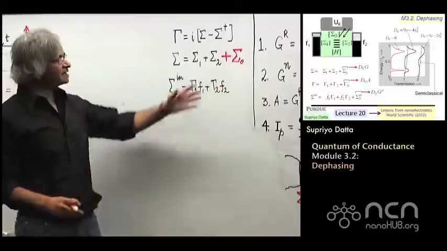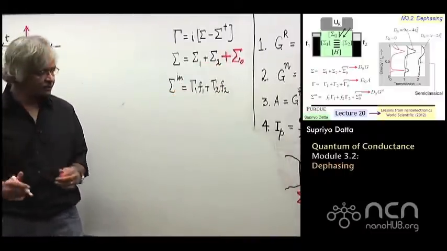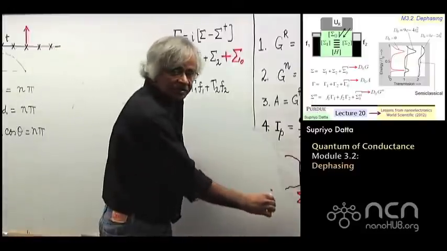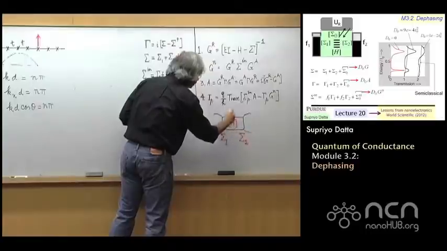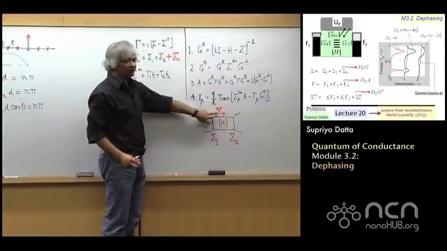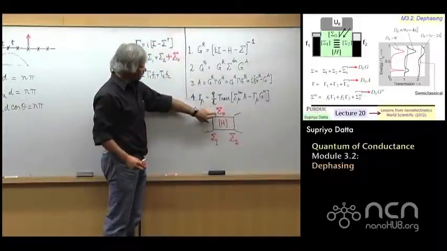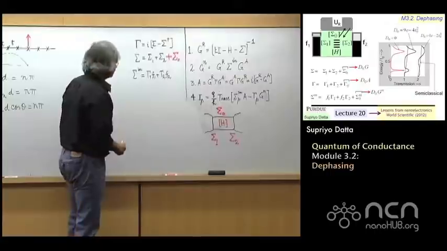And this represents the interactions with the surroundings inside the channel. So it is like the sigma 1 is here, sigma 2 is here, and the sigma 0 is like in the channel region right here. You see? Sigma 0 is right here in the channel region. Okay? And that tells you about the interaction with the surroundings.